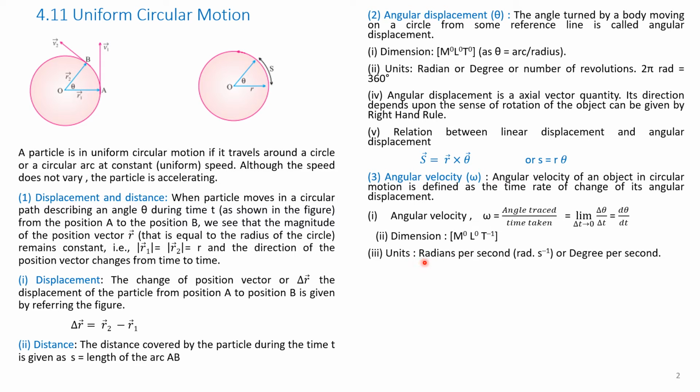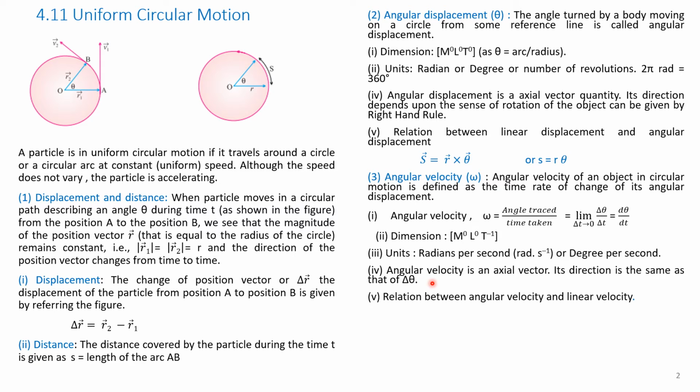Units. Unit of angular velocity omega is radians per second or degrees per second. Angular velocity is an axial vector. Its direction is same as that of delta theta. Relation between angular velocity and linear velocity.